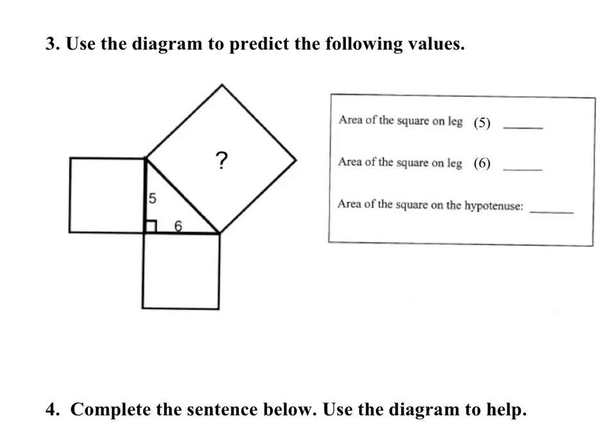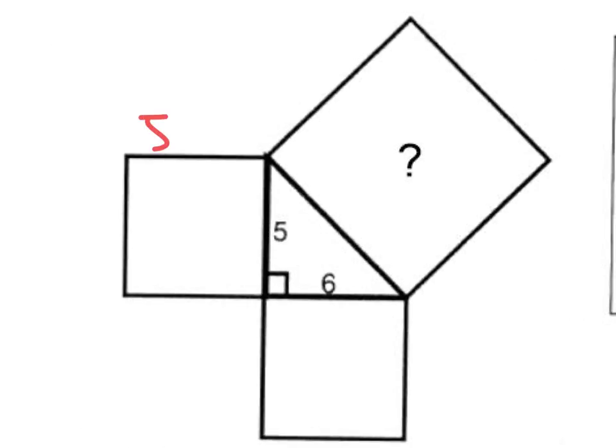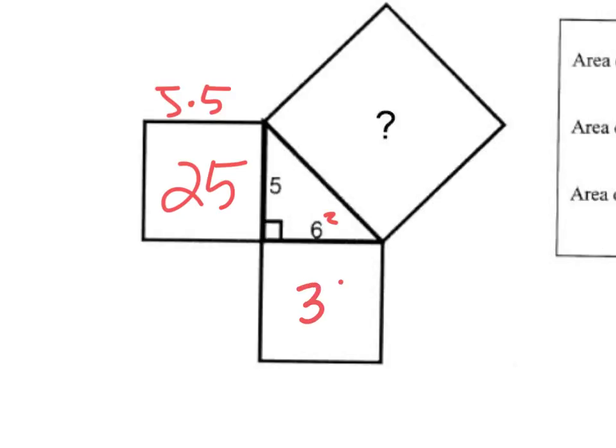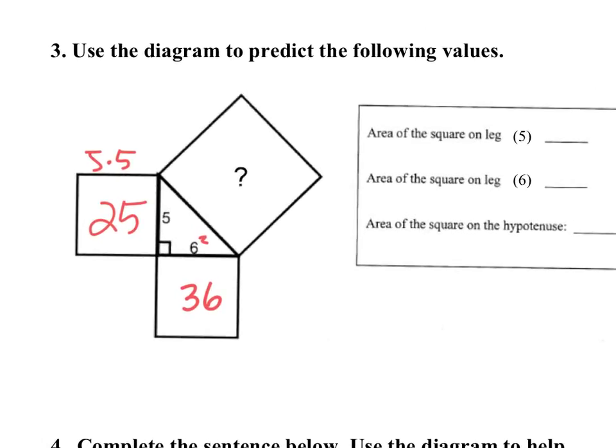If I want the area of these squares inside of those boxes, I can take the length times the width. Since they're squares, the length and width are the same. So 5 times 5 is 25. This one would be 6 squared, which is 36. So let's fill in that information on the box on the right. 25, 36.